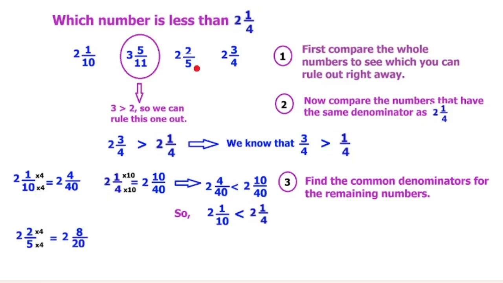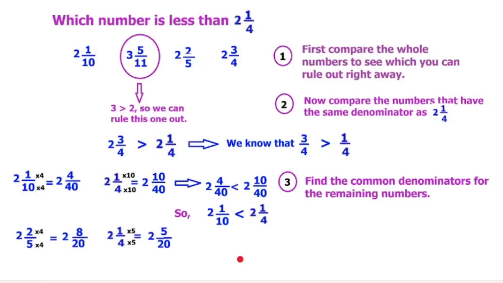2 2/5. The common denominator between 5 and 4 is going to be 20, right? To get the common denominator of 20, we multiply top and bottom by 4, and we have 2 and 8/20. And we do the same thing for 2 1/4.